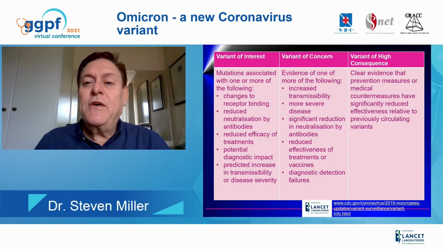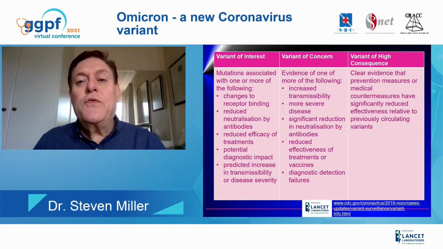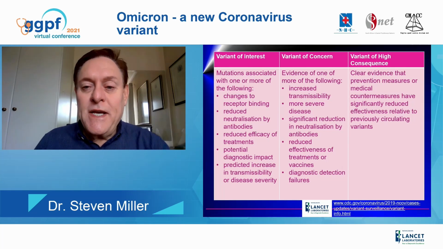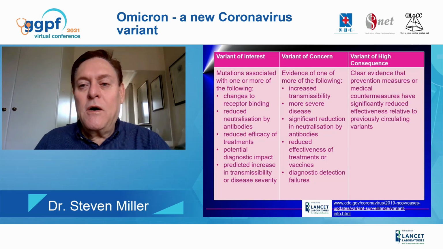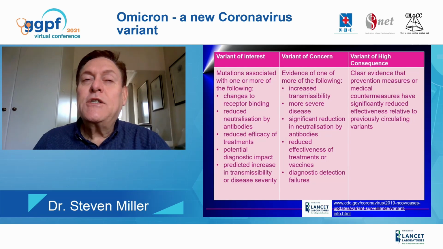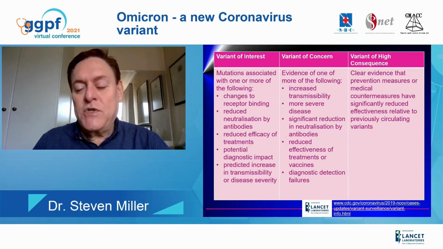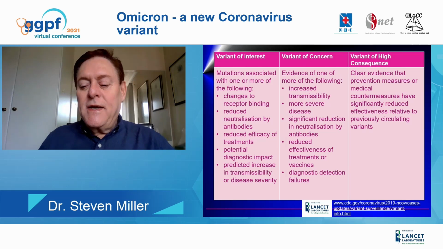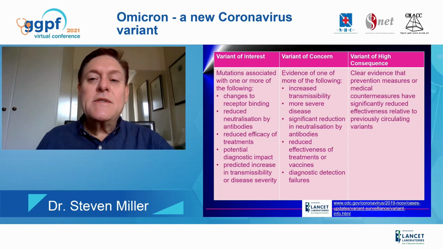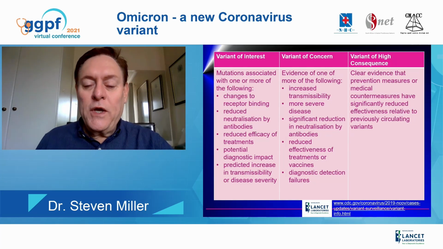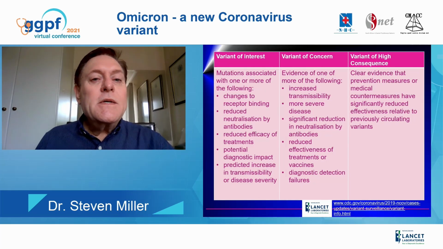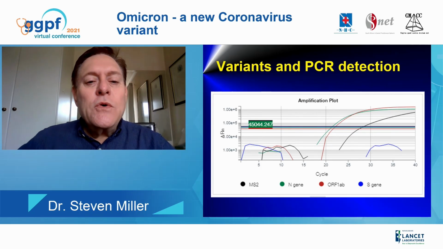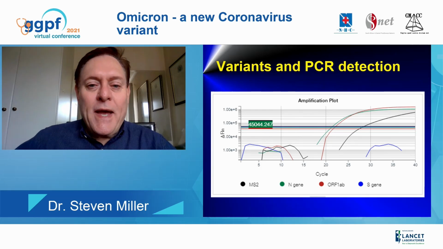And lastly, there are variants of high consequence, which fortunately we have not yet encountered and hope never to encounter, because these are viruses which have such extensive mutations and such extreme behavioral changes that it's almost like starting the epidemic all over again. So the story of Omicron really goes back about 2 weeks.